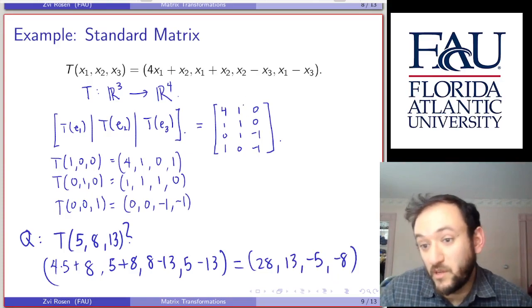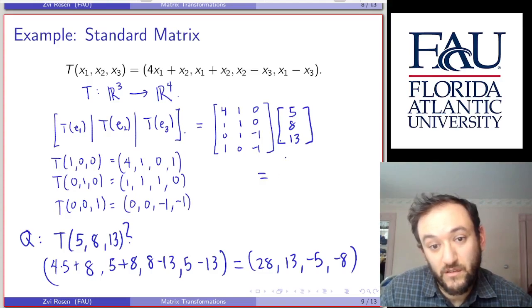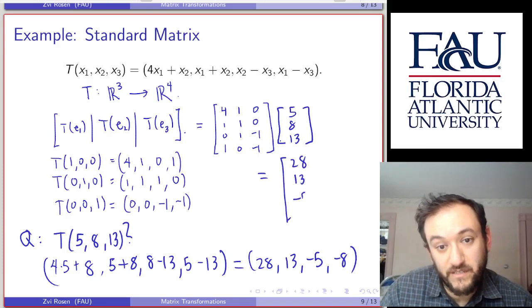Alternatively, I could just do a matrix multiplication, which would be 5, 8, 13. And multiplying the matrices, we would get 28, 13, minus 5, and minus 8.